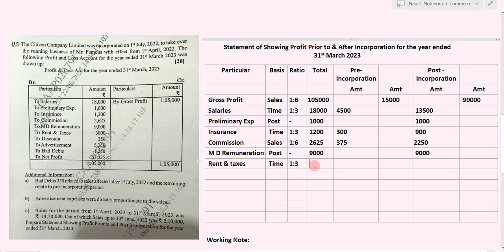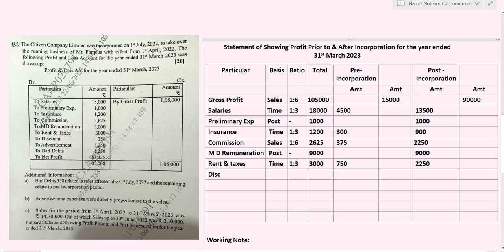Total of rent and taxes is 3,000. 3,000 multiplied by 1 divided by 4. So in pre-incorporation, 750 rupees. In the post-incorporation, 2,250. After rent and taxes, discount.